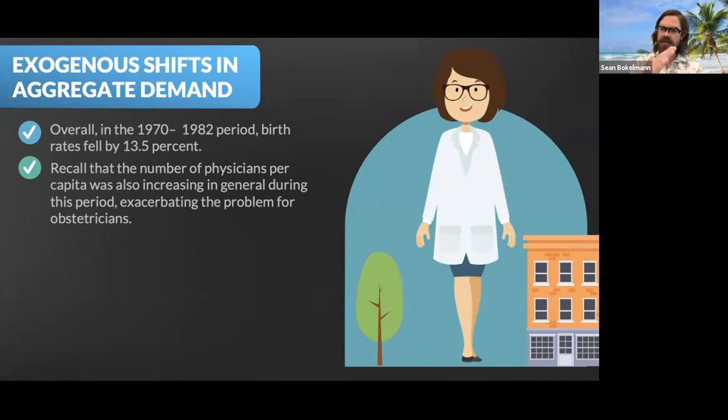So birth rates went down, decreasing the demand for obstetricians. And at the same time, the number of obstetricians per capita was increasing. So you basically have a decrease in demand at the same time you're having an increase in supply. Or in other words, each individual physician's demand is even smaller because there's more physicians.